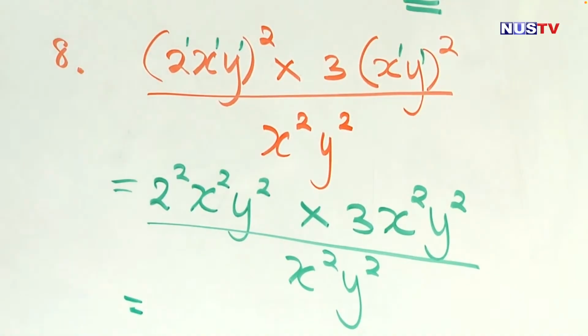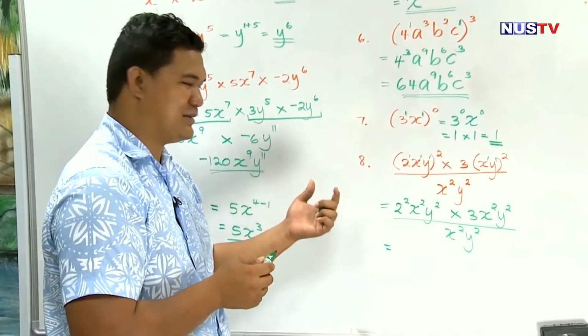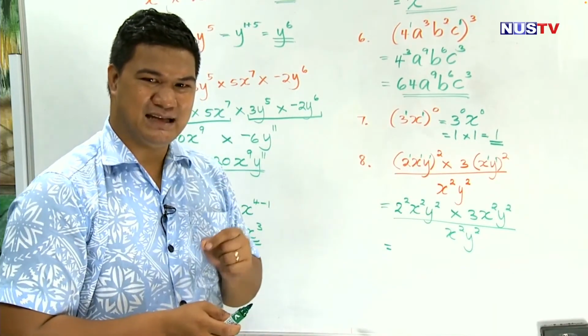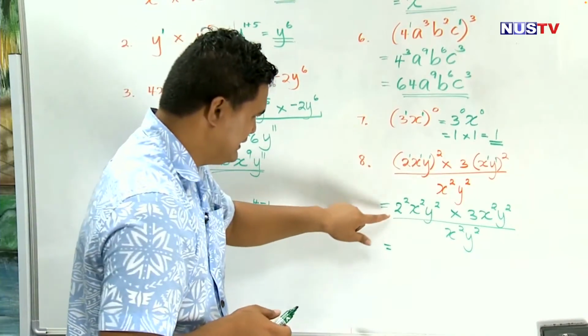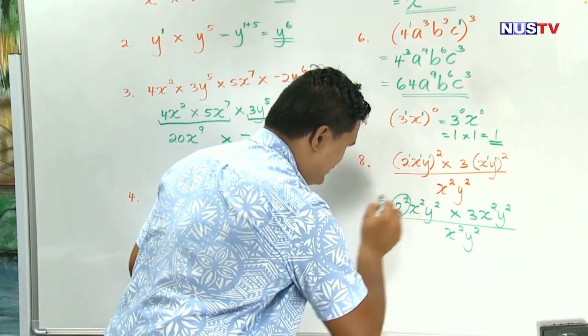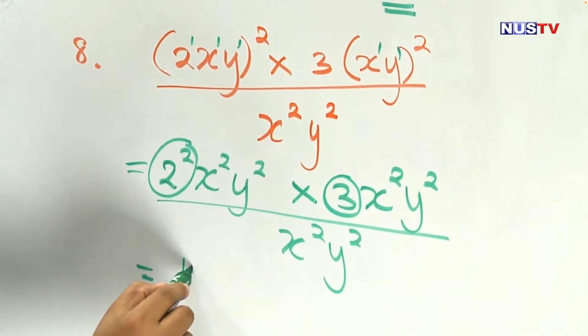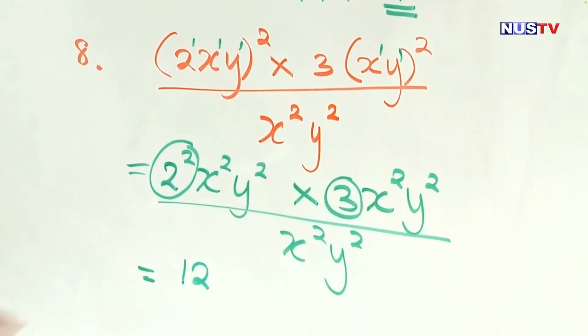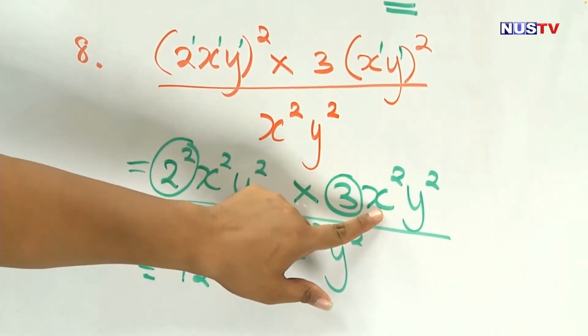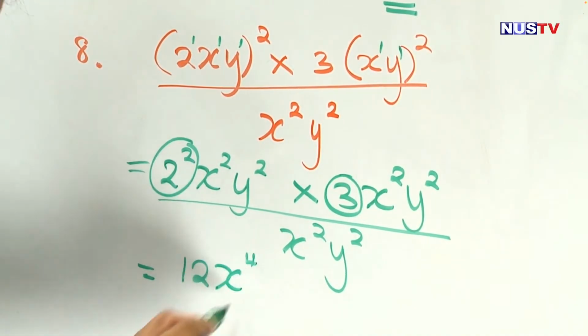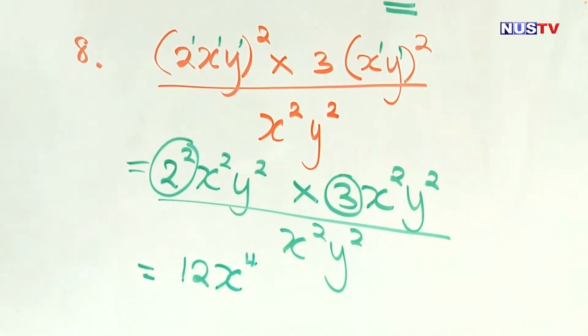So the final stage is basically evaluating one by one. This is 2 to the power of 2, and we understand that 2 to the power of 2 is equal to 4. Now that 4 is multiplied by this 3, so 4 times 3 is equal to 12. x to the power of 2 multiplied by x to the power of 2 will be x to the power of 4, because we add the powers if we multiply two terms with the same base.